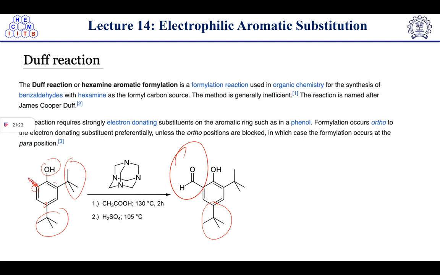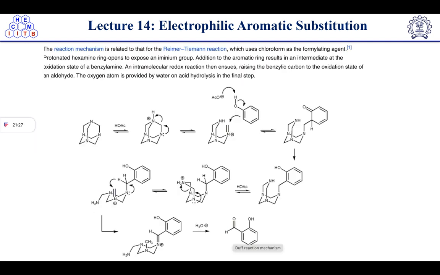So we will discuss the mechanism. Here the reaction mechanism starts with this moiety. This mechanism is similar to the Reimer-Tiemann reaction. In that case chloroform is used as a formylating agent, and in this case protonated hexamine ring opens to expose the iminium group.